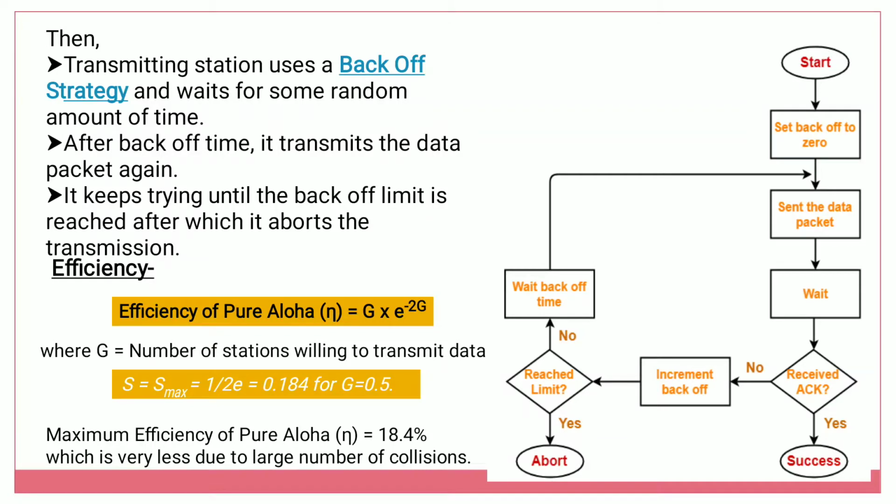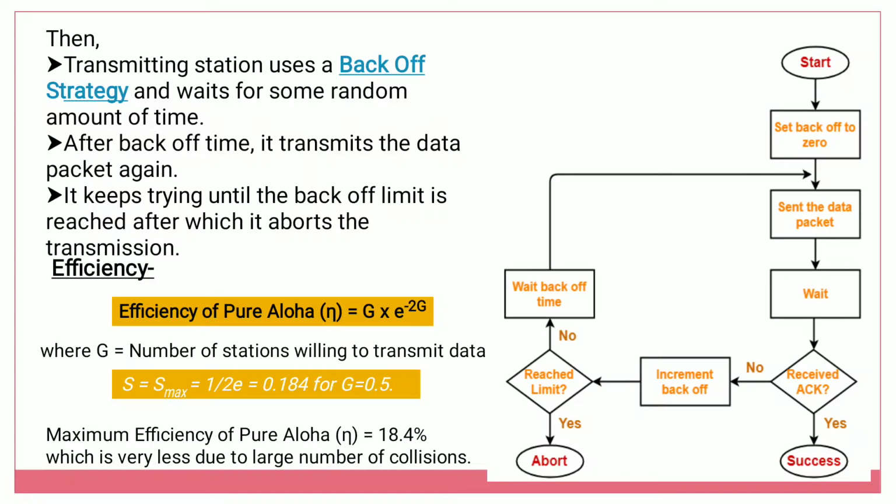If the station receives the acknowledgement, the answer is yes, then the data is successfully transmitted to the receiver. If the acknowledgement is not received, the condition is no, then we increment the backoff value. Initially the backoff value is 0, now it is incremented to 1.